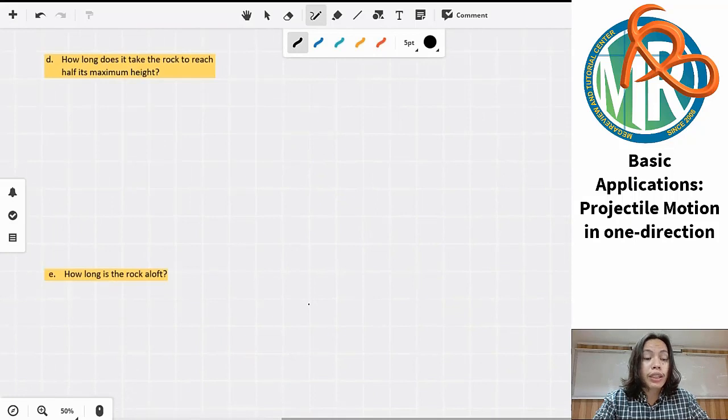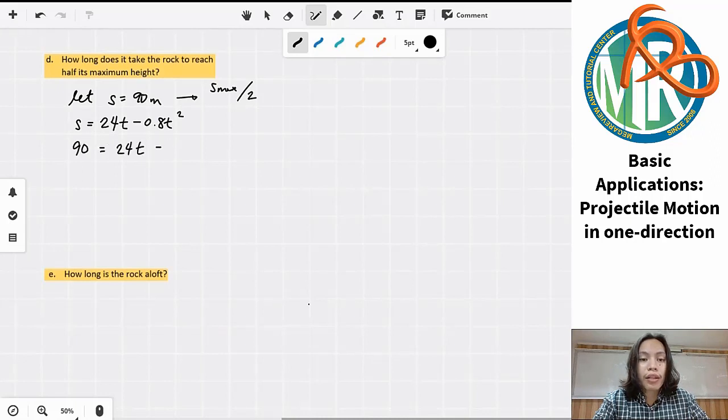Moving on to letter D, having solved for the maximum height, the student may plug in half of that value, which is 90 meters, into the function for height and solve for the time it takes for the rock to reach half of the maximum height. So we have s equals 24t minus 0.8t squared at s equals 90 meters, which yields 90 equals 24t minus 0.8t squared.